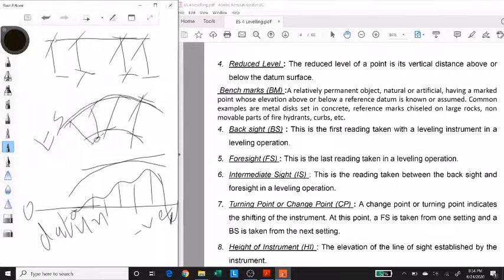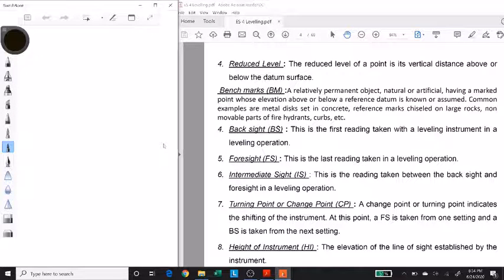So if you're working with mean sea level as a datum, and let's say you want to work with the same datum, or you want to work with the same reduced levels, that means when you start your project, you need to have a benchmark. Let's say this point is my benchmark.